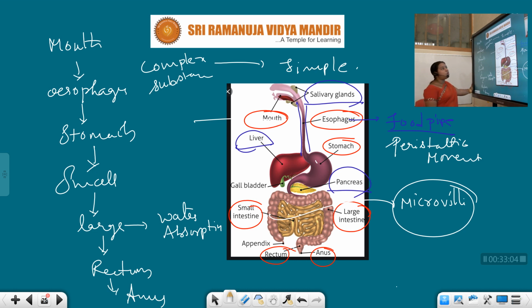So far we discussed the different parts involved in the digestive system. Now I am going to explain the role of accessory glands. Why are the accessory glands so essential? The reason is that an accessory gland is a particular cell or a group of cells that secretes juices like enzymes. See, salivary glands are there.